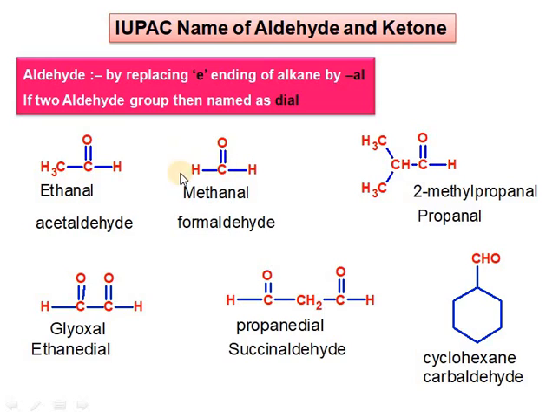Similarly, another example of an aldehyde we have taken like this. It is only one carbon, and therefore the parent name is methane, and in this methane the E is replaced by AL. Therefore the name is methanal, and the common name is formaldehyde.